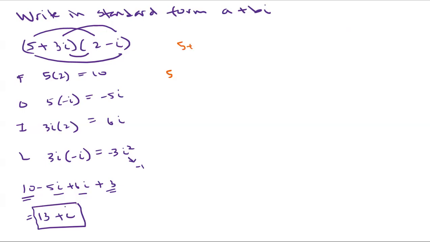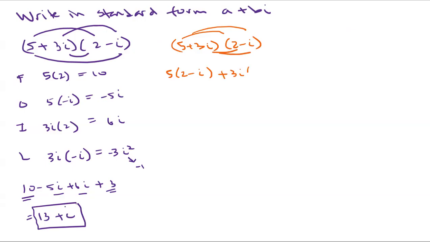So let me rewrite this again: 5 plus 3i times 2 minus i. I take that first term and multiply it to 2 minus i. Then I take the second term and multiply it to 2 minus i as well.